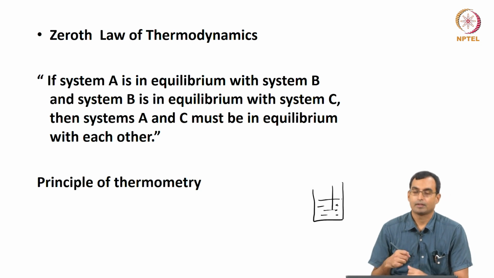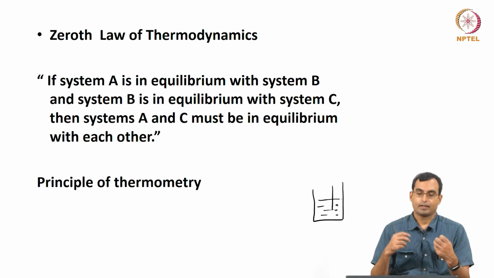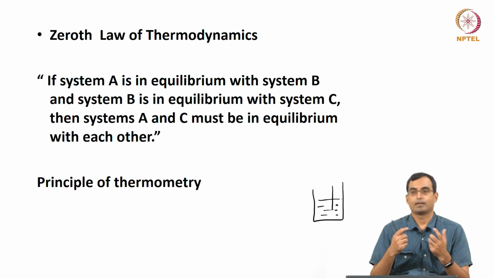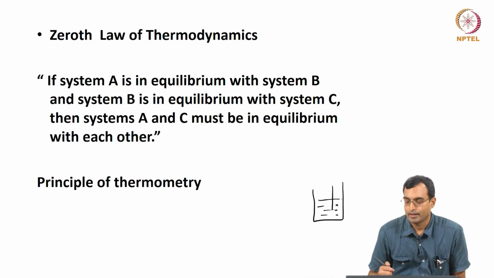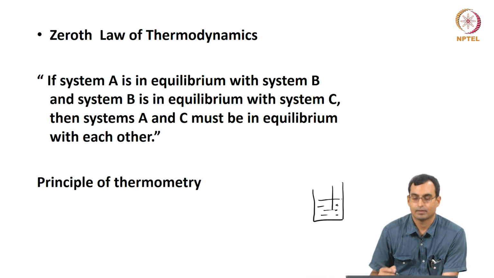But then the question is that I can make these kind of devices, we call them thermometers of course. I can make my own thermometers, you make your own thermometers, and then we never know how to match them. So, one way of getting across that is to have some reference points.